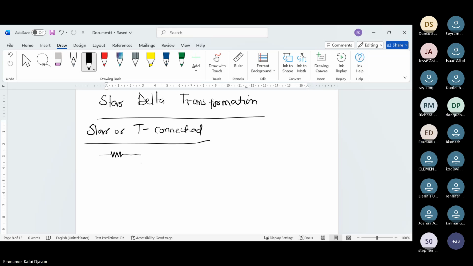Like this, like this, like this. So this is a T connection. This is a T connection. And we label this place as 1, this place as 2, this place as 3. I can also draw that there, as you can see.